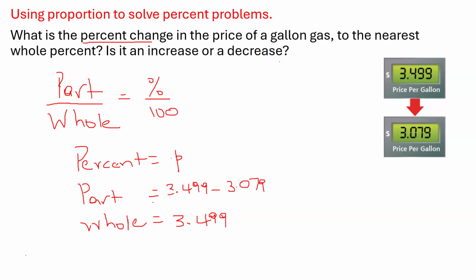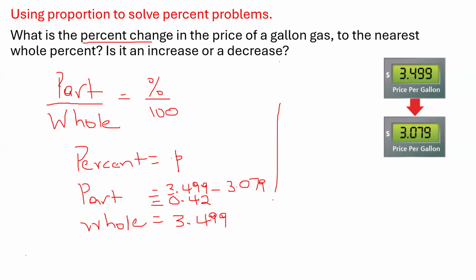When we subtract these two amounts, we are going to get 0.42. So the part here is 0.42, which is 42 cents. So there has been a decrease of 42 cents. But what is this 42 cents as a percent as it relates to the original value?